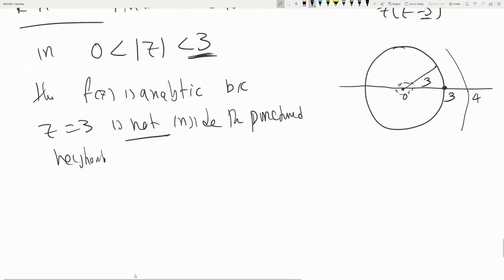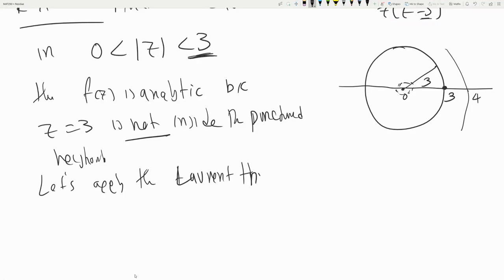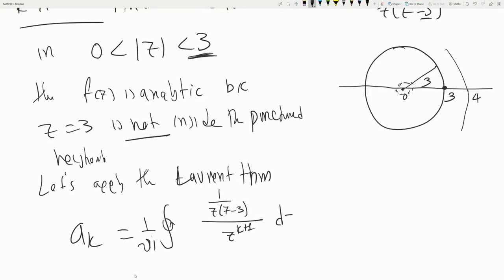All right, anyhow, so let's apply the Laurent theorem. So this is 1 over 2 pi i, integral of 1 over z minus 3, over z to the k plus 1.